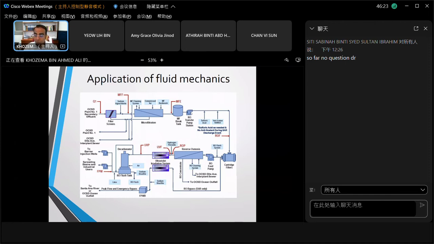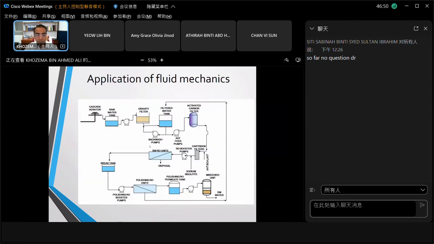What type of pump are you using? What is the power of the pump? Is this pump suitable or not suitable? All these things you have to take into account if you are a safety officer, or even if you are a process technician or engineer. If you don't understand the fundamentals of what is happening here, it will be very difficult for you to do your work properly.